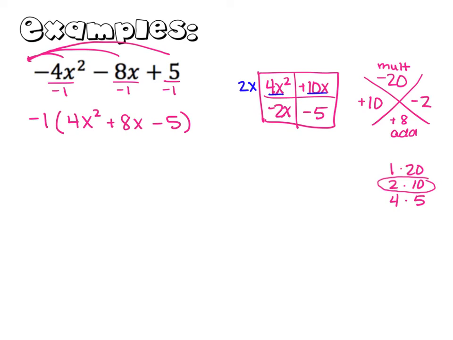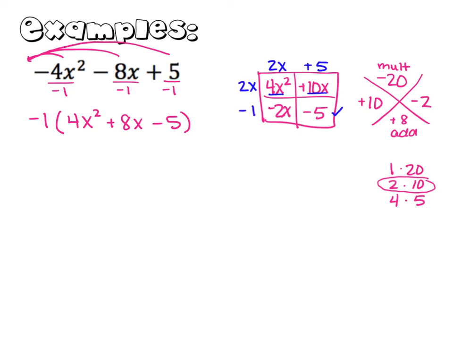Well, the top of the first column must be 2x. And then the top of the second column, 2x times what is positive 10x, must have just been positive 5. 2x times what is negative 2x? In front of the bottom row would be a negative 1. And then positive 5 times negative 1 is negative 5, so that worked out.